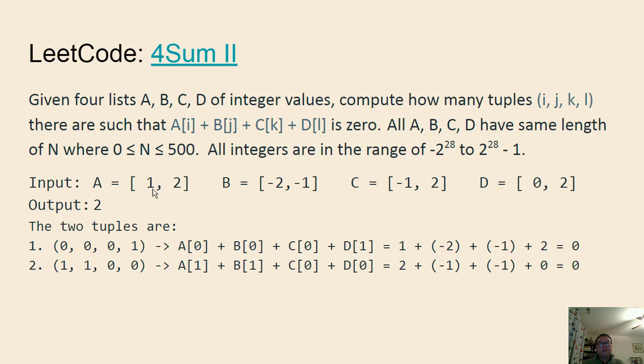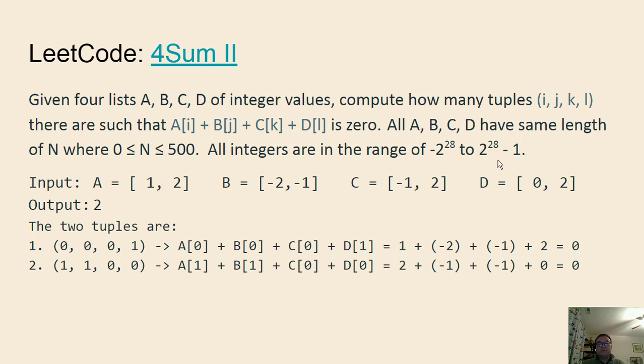Suppose we first loop through everything in A and B, and store those results. We can store them in different ways, but one way is to store them in a sorted array. There are at most n squared of them, so we store that in order n squared space, and this takes n squared time.